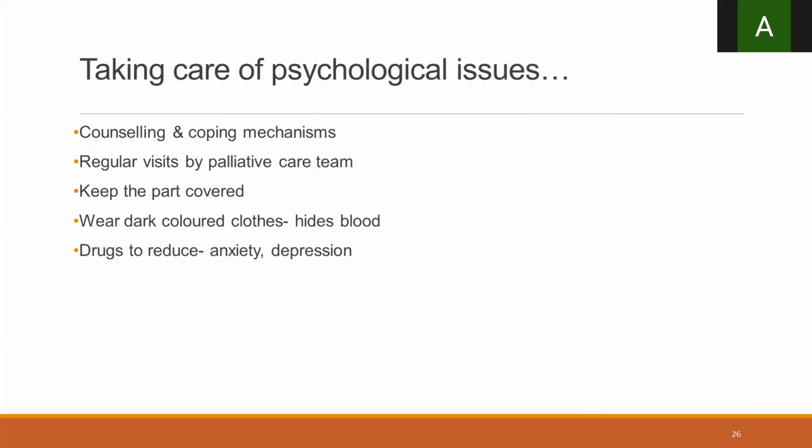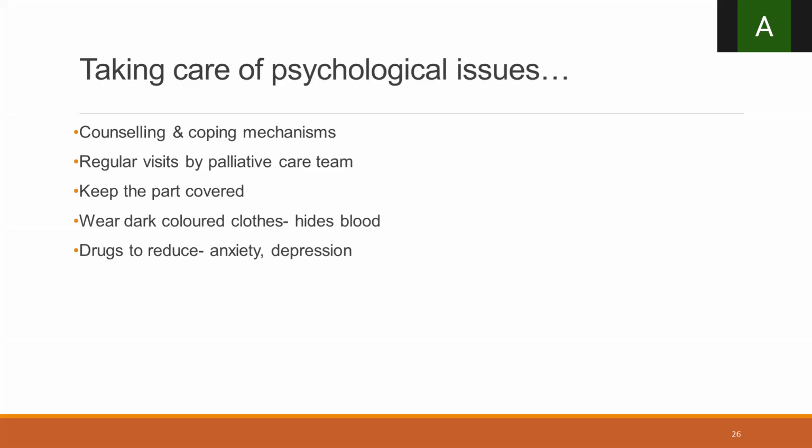Taking care of psychological issues. Okay, how to do it? Mainly counseling and coping mechanisms can be taught to the patient. Regular visits by the healthcare team to identify the problems and how to help them, in what way. Keep the part covered, so that the psychological trauma of the site can be dealt with.